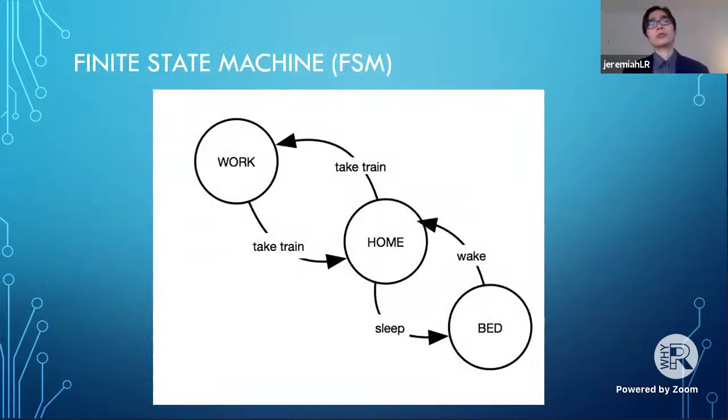So GOAP is supposed to be an improvement over FSMs. And in a finite state machine, you have a finite number of states that an agent can have. And you also have transitions between those states that you need to program. Okay, so here's an example of that.